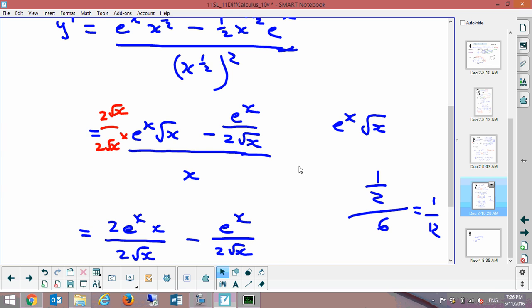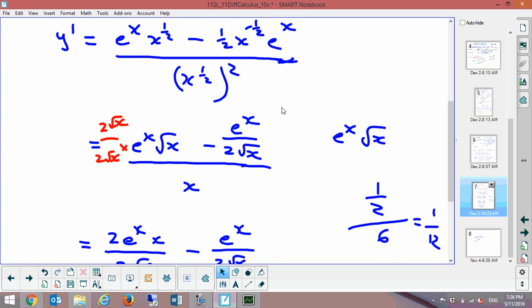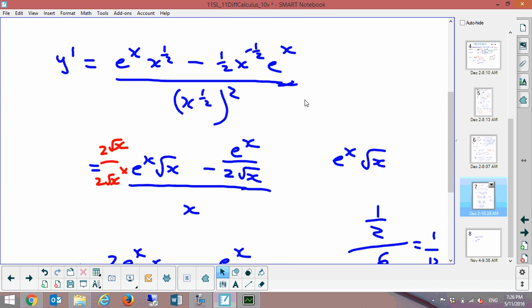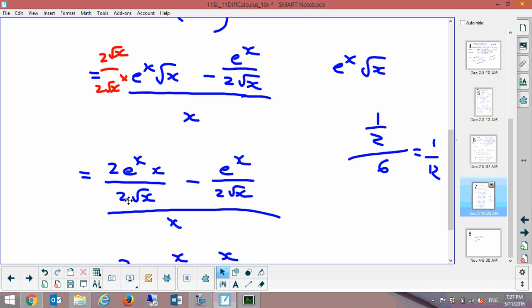This also takes you through how, once you've done this substitution, to tidy it up and get it back to what I call maths manners. So we need to make that common denominator here by multiplying by 2 root x on the numerator and denominator. Then once you've got that common denominator, you can put that together.